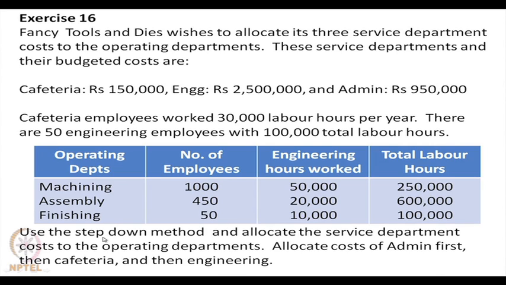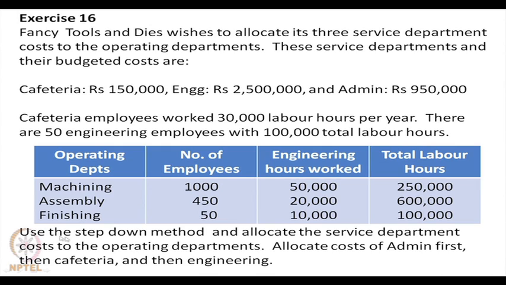Now, if you recall, there are 2 methods of allocating service department's cost. One is the direct method, where we disregard any reciprocal services given to various service departments. The other is the step down method. In the step down method, we consider the services given by one service department to another.